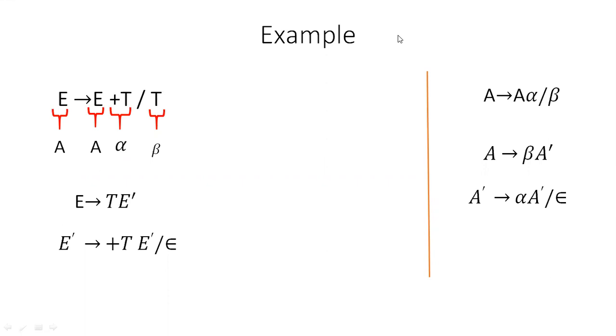The grammar is unambiguous, but it is left recursive, and eliminating such left recursion is a must for constructing predictive parsers. This is the important concept: how to eliminate the left recursion and how to eliminate the ambiguity from the given grammars. I explained with an example. I think it is clear to you all.